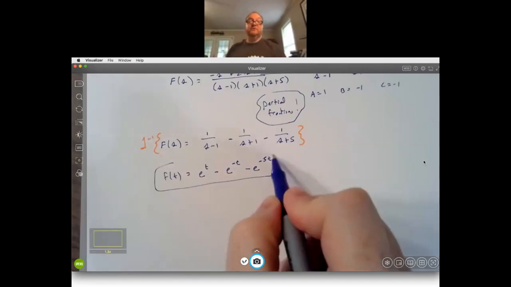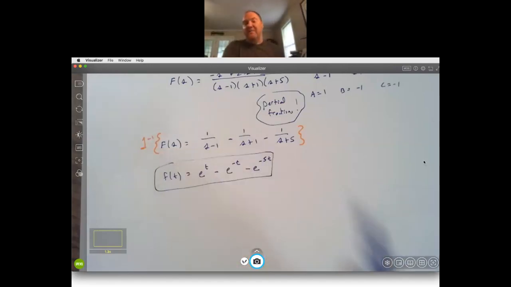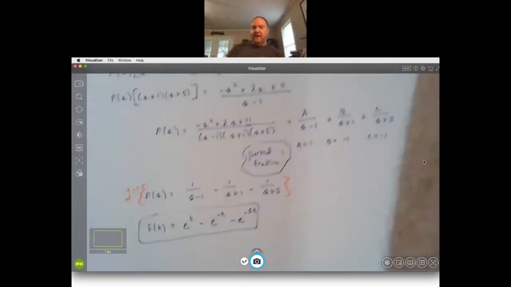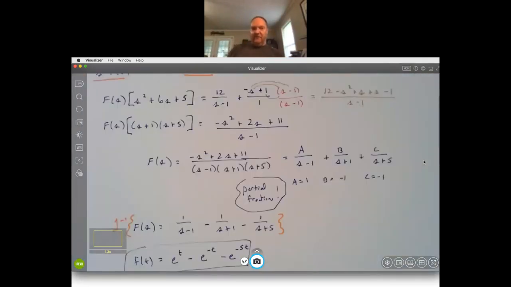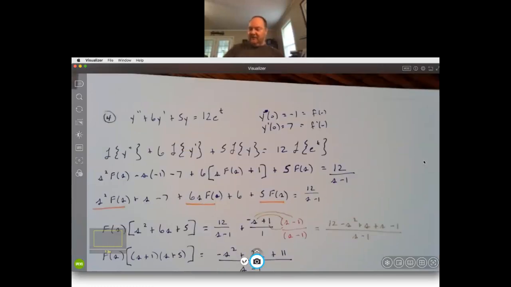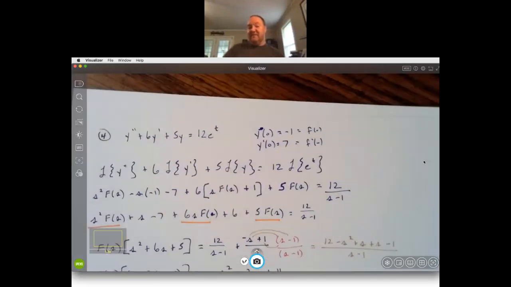as my solution. So for problem number 2, it didn't seem like the Laplace transformation was a very useful technique, but in this respect, it's an incredibly useful technique, at least in my opinion. I can look at this original problem. I get it on the screen. I can look at this original, the homogeneous case, and solve it pretty easily.